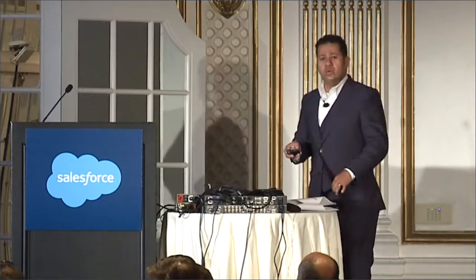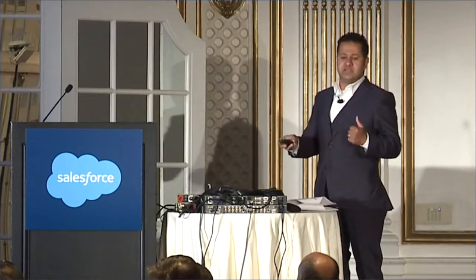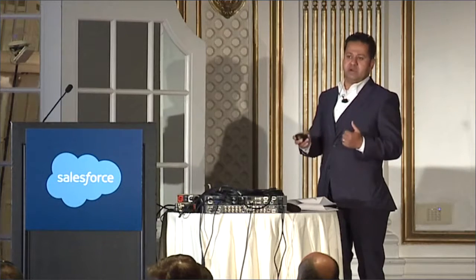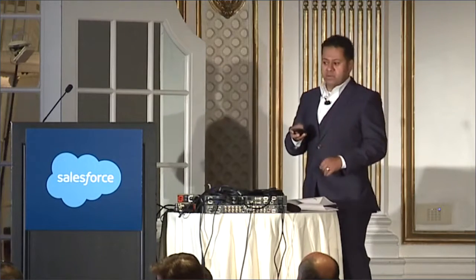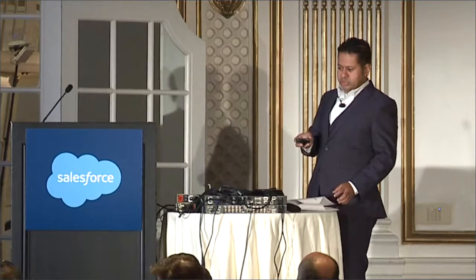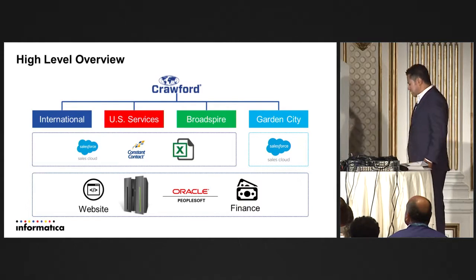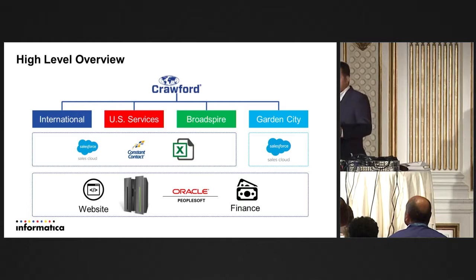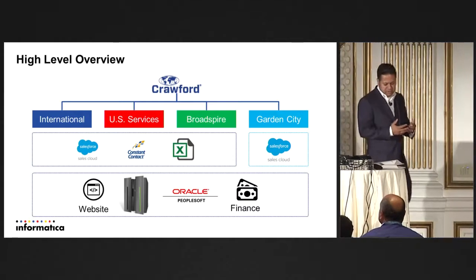2 years ago, we did an overhaul of our Salesforce.com implementation at Crawford Company, and I'm going to talk a little bit about that project as well. So I just wanted to give you a high-level idea of what we are doing at Crawford Company.